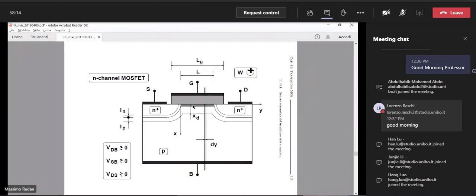Before we move on, we make another comment. The two source and drain junctions are biased in reverse.